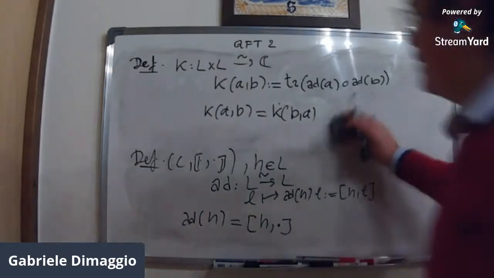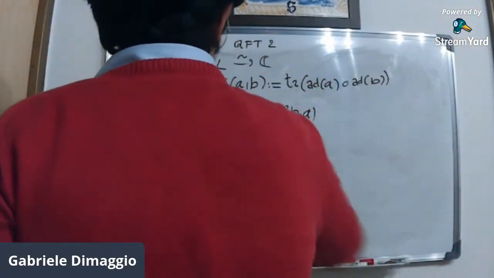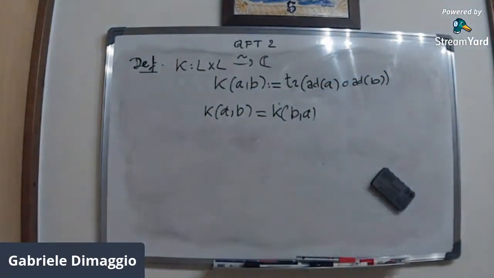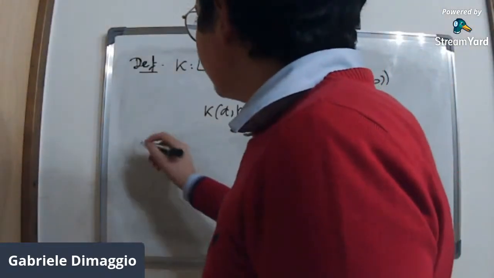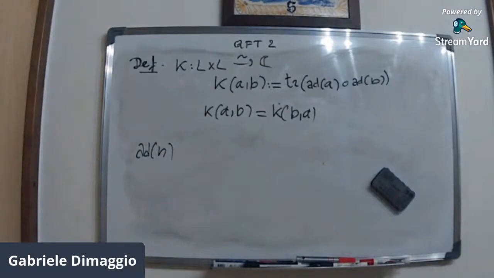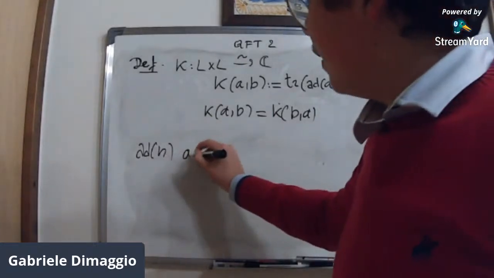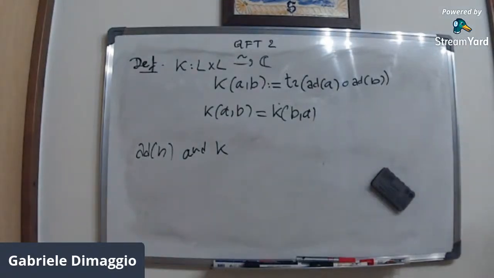Attention please, because now we want to consider the components of this map, because this map has a matrix, and the components of kappa as well.